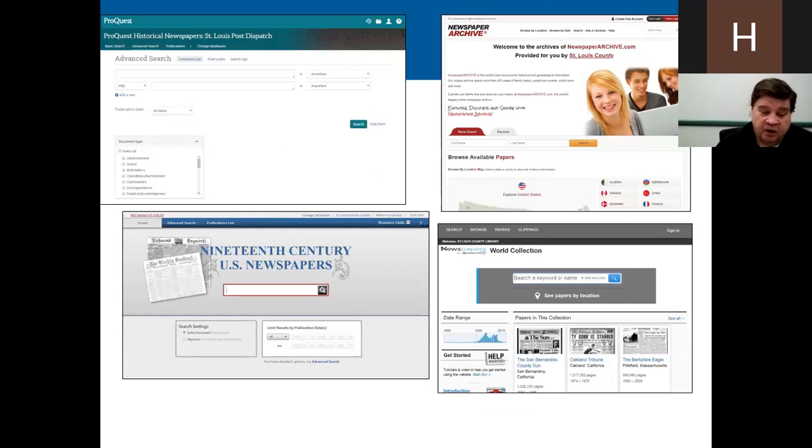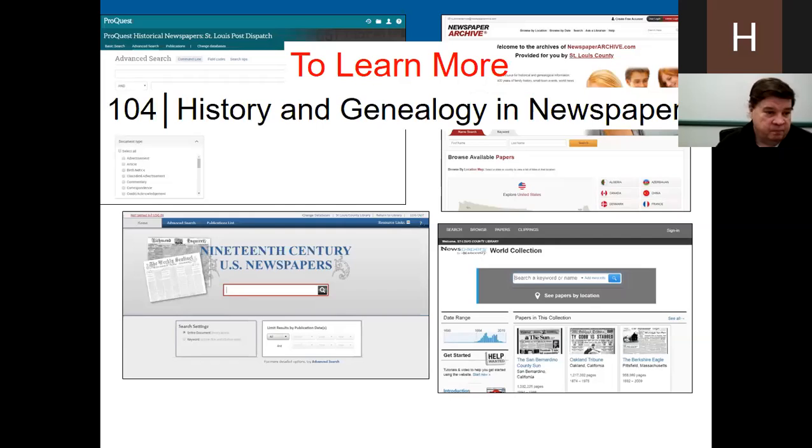We've got Newspaper Archive, and the new big one that we've got is newspapers.com. It has newspapers from all over the country, and the wonderful thing about all of these is you can do a quick search because you just put in the name, and if the OCR is working properly, it'll pop up a bunch of hits for you. And if you want to learn more, we have a class, History and Genealogy in Newspapers.